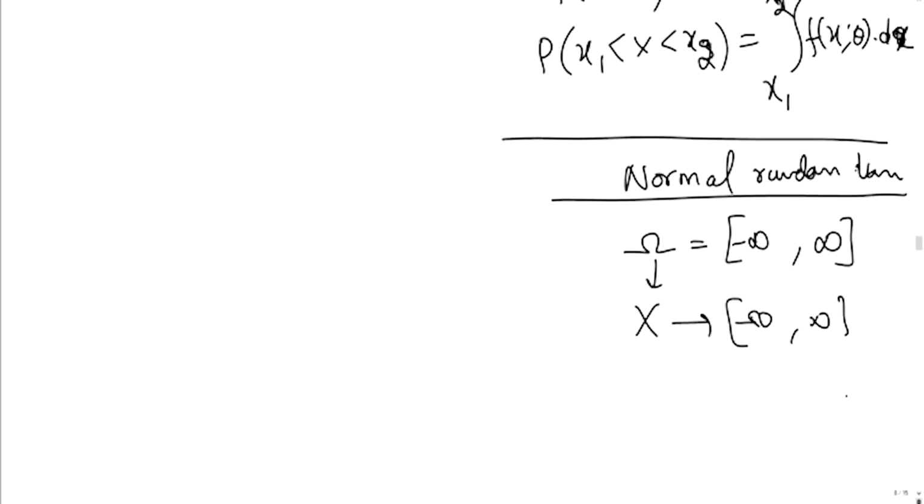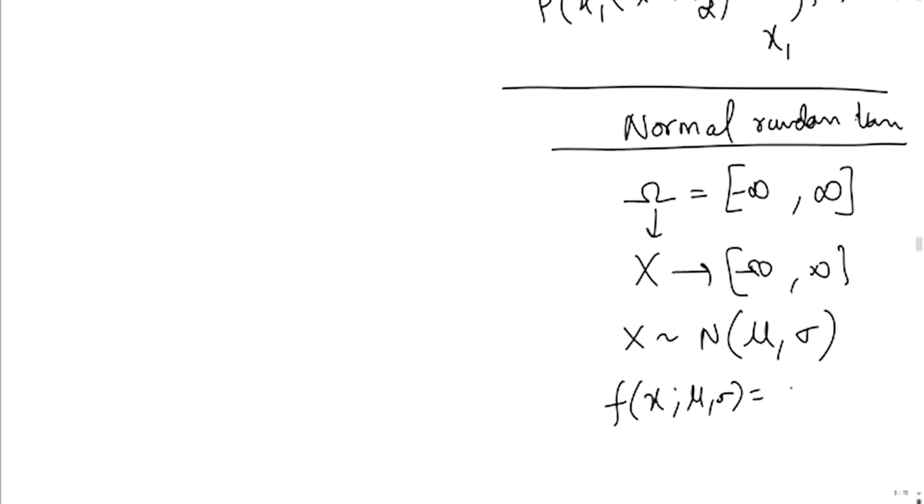Now, the probability density assigned to a particular value of this random variable x can be given by a normal random variable with two parameters, mean mu and sigma, such that the probability density function is given by 1 by root 2 pi sigma square, e to the power minus 1 by 2, x minus mu by sigma, whole square.